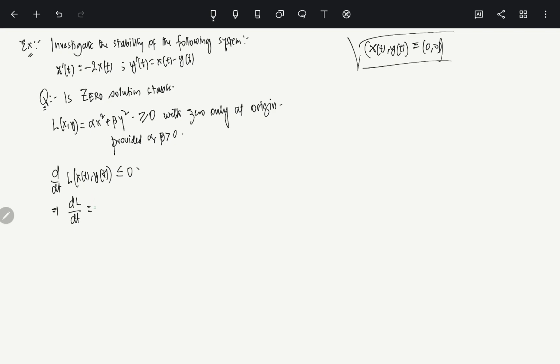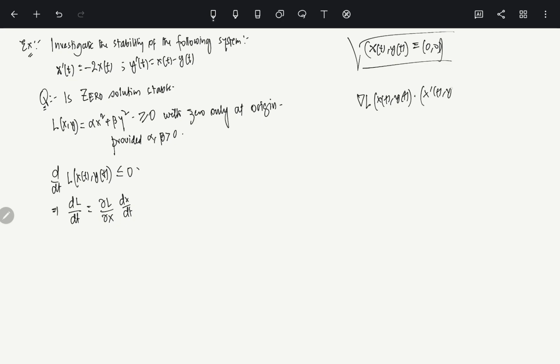So this is nothing but the chain rule: dL/dx times dx/dt plus dL/dy times dy/dt. Since L is a two variable function, by the chain rule it is the gradient of L at the point (x(t), y(t)) dotted with (x'(t), y'(t)).